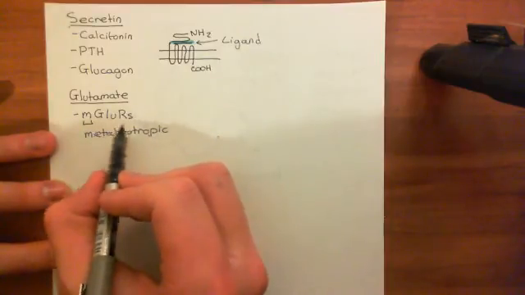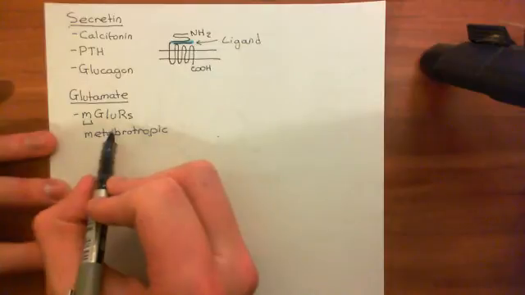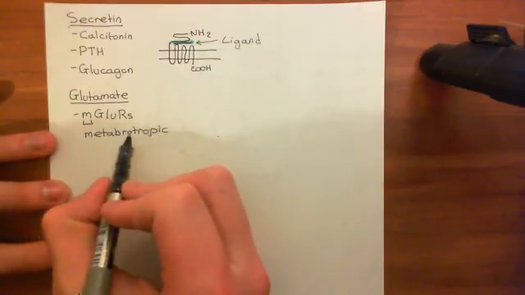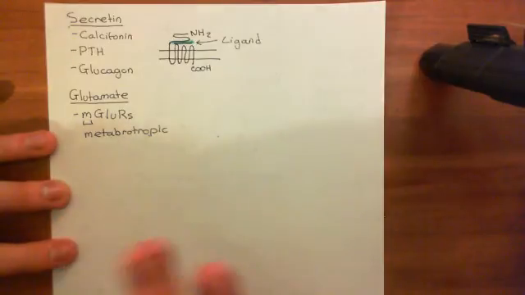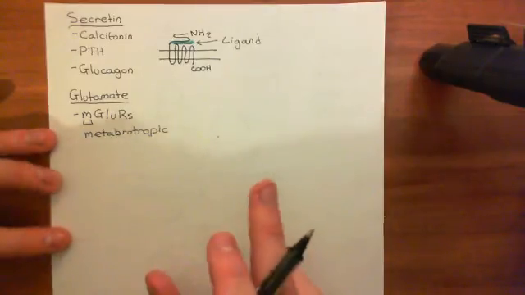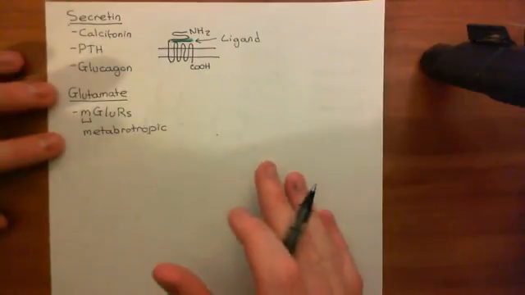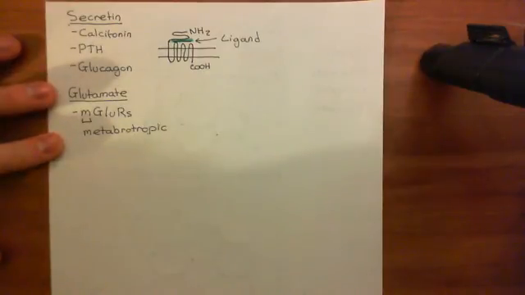Those of you who know anything about glutamate receptors will know that glutamate receptors are not usually G protein coupled receptors. The main glutamate receptors, and I'll put main in quotation marks, are not metabotropic glutamate receptors. They are instead ligand-gated ion channels. Glutamate is the main excitatory neurotransmitter within the brain.